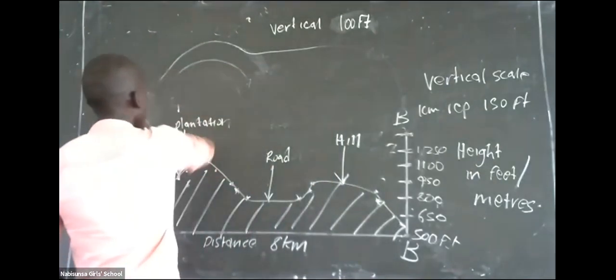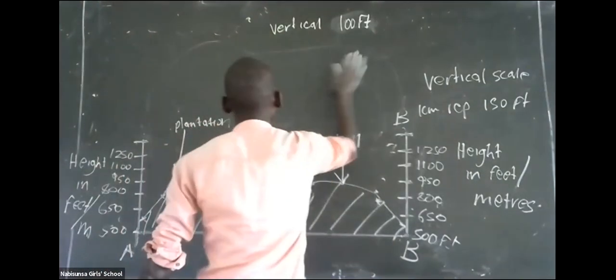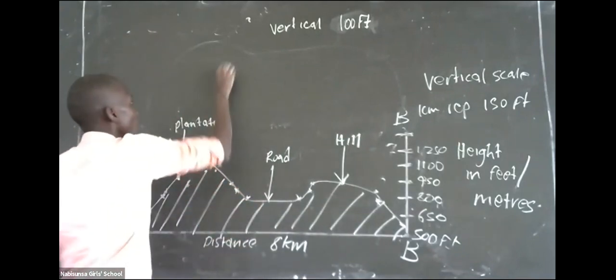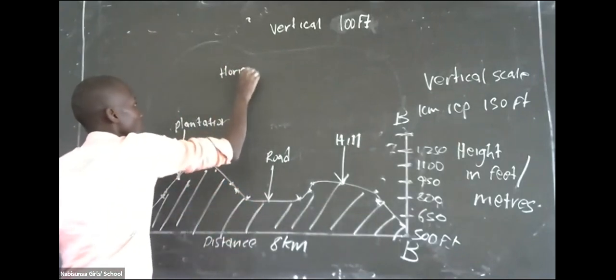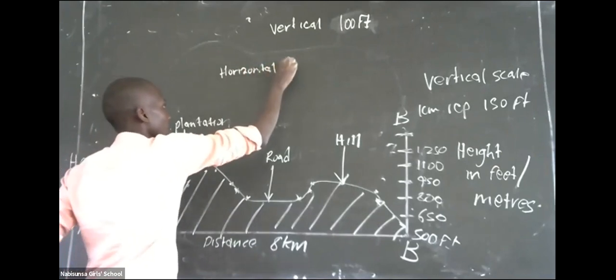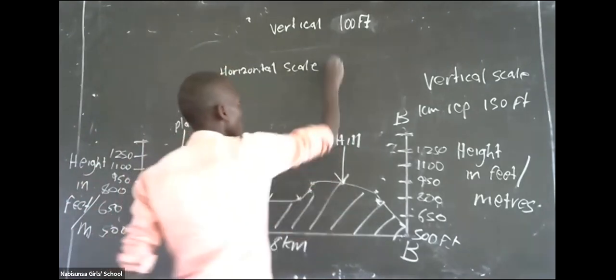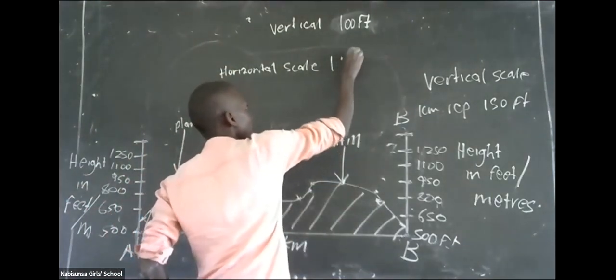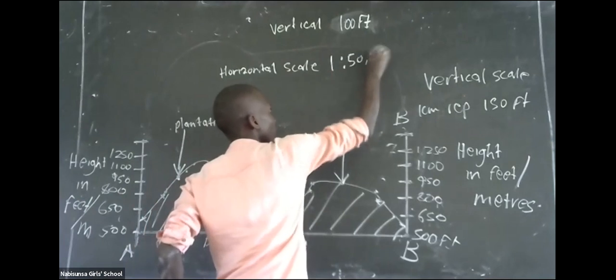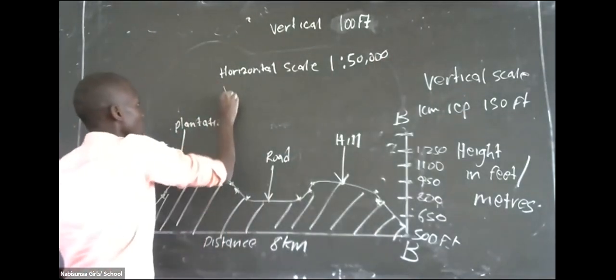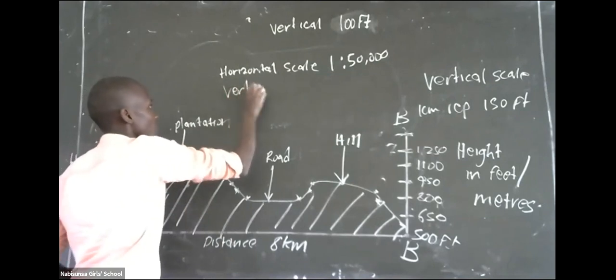Our scale, you write it after the title. You say horizontal scale. For horizontal scale, for all map extracts, it is standard. You just write 1 till you put this number, which is always on the map extract. Then the vertical scale is also on the map extract, and that one you don't change.